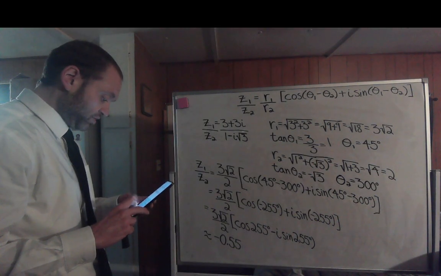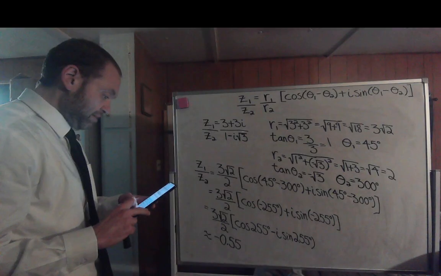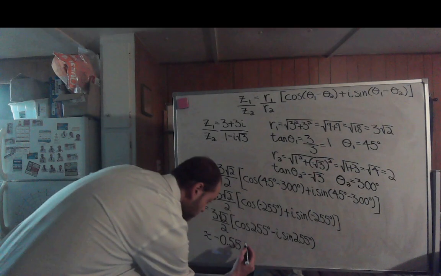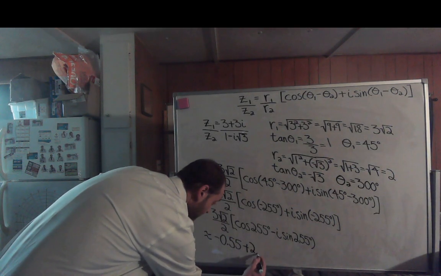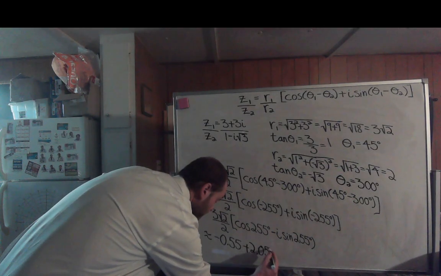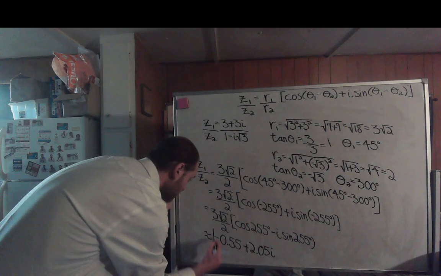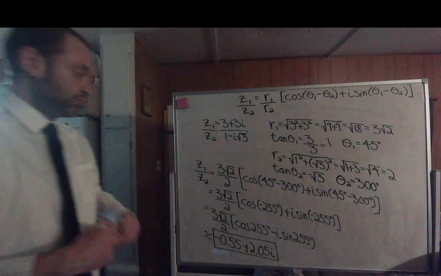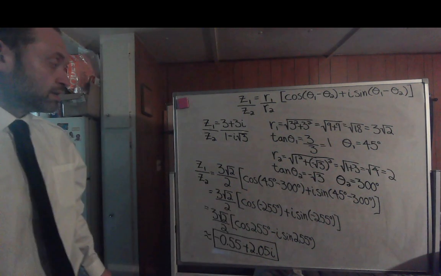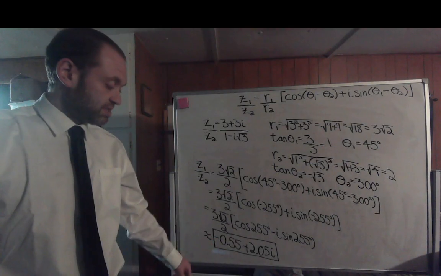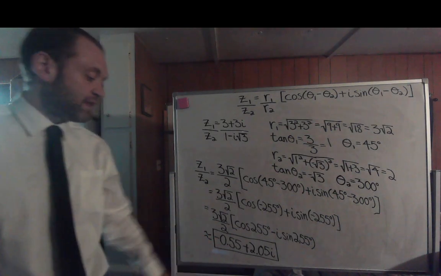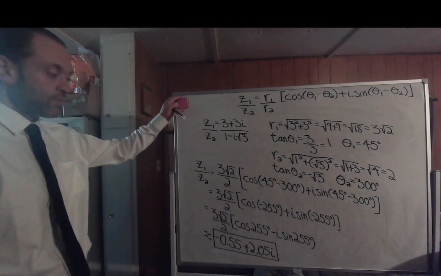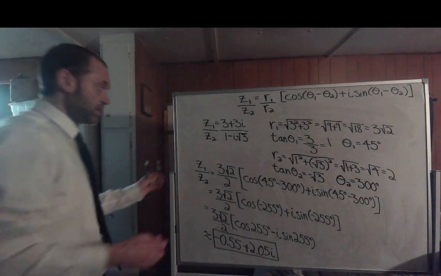All right, times the square root of 2 times 3, divide that by 2, you get about plus 2.05i. So if you round to 2 decimal places for each component, your number in standard form is approximately negative 0.55 plus 2.05i. And I got 2 more of these.